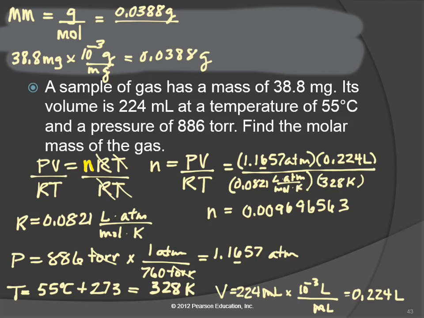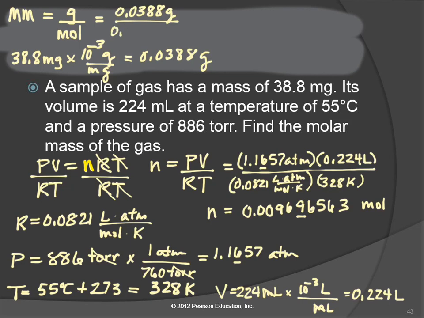That's a small number. Don't let that scare you. Sometimes numbers are small. How many significant figures should that number have? 3. Remember, these leading zeros don't count, so 969. So I'm going to carry 2 extras into my other calculation. Because remember what we were doing? We were trying to find moles so that we could stick it in up here.